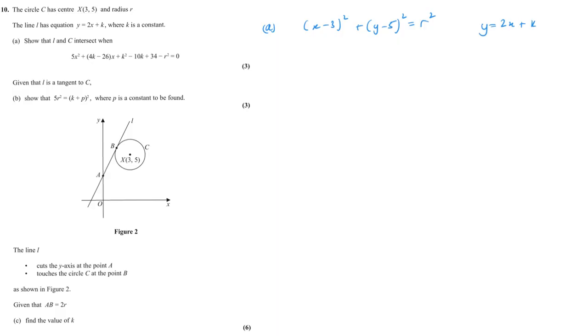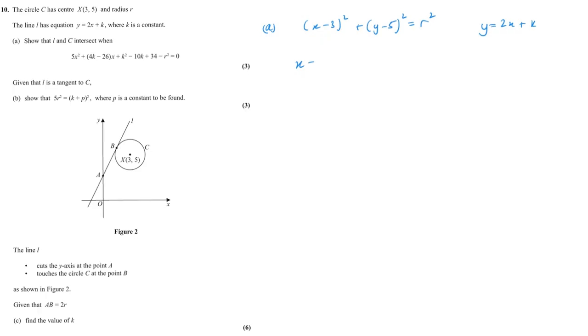Now, we've got to show that L and C intersect when, and if I look through this equation, I've got x's, I've got k's, and I've got r's. I've got no y's. So if I substitute this y into here, because that is when they will intersect, it'll give me x's and k's, x's and r's. So that is what we're going to do.